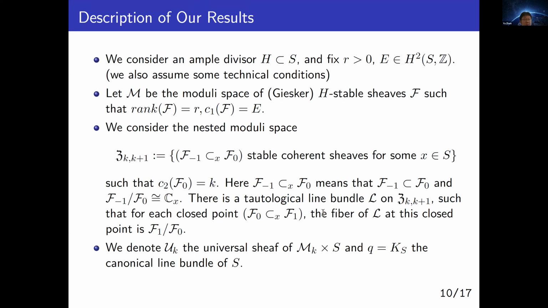We want to modify the stable sheaf. So here, for example, if we have a stable sheaf F0, how do we modify this one? One of the most naive ways is that we consider a closed point x, and we consider a subsheaf F-1 inside F0, such that their quotient is just a skyscraper sheaf at the point x.